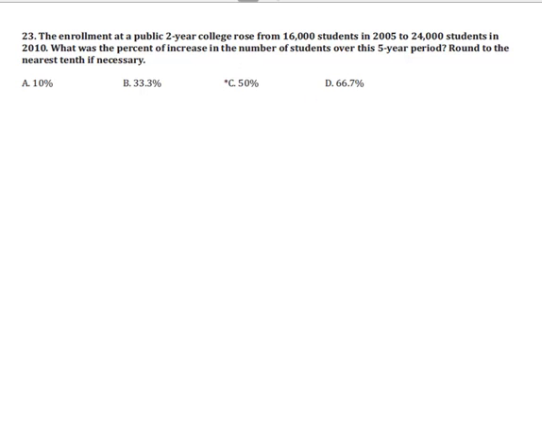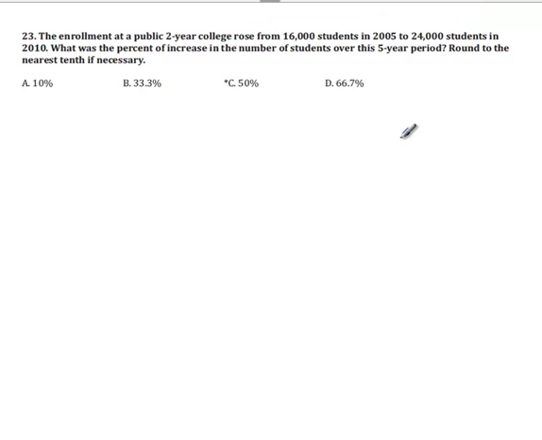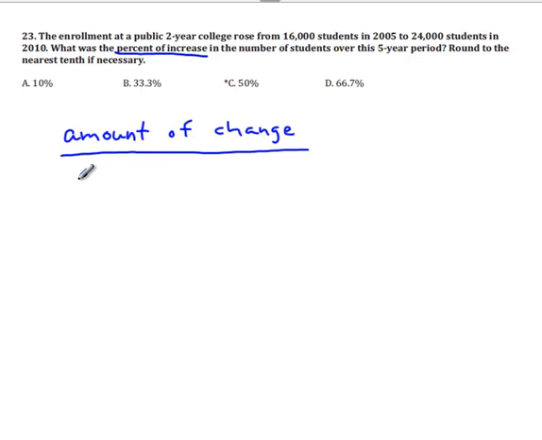So the key to solving this problem is recognizing what bits of information are needed. To find the percent of increase, you have to have the amount of change, so how much it went up by, and you're going to divide that by the original amount.